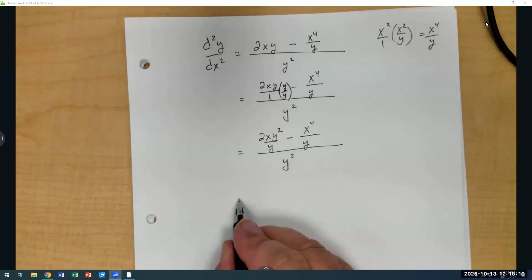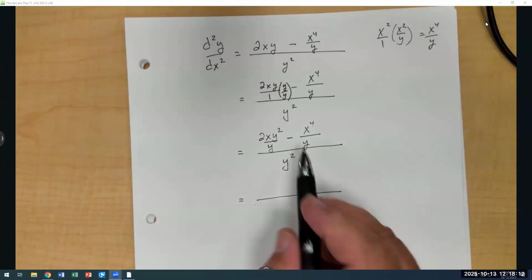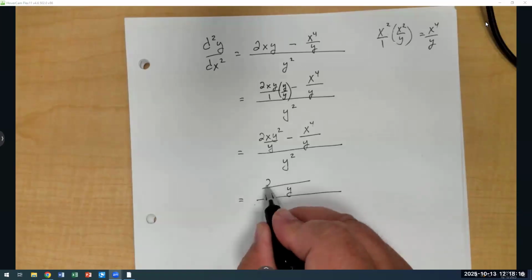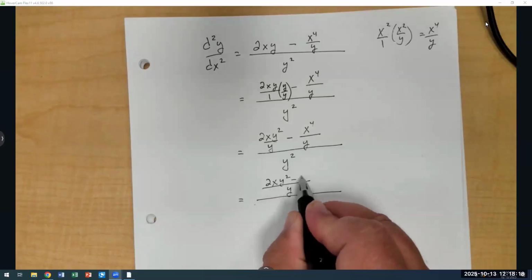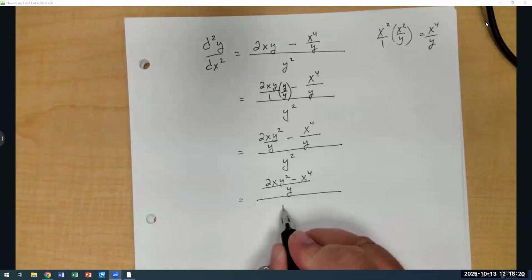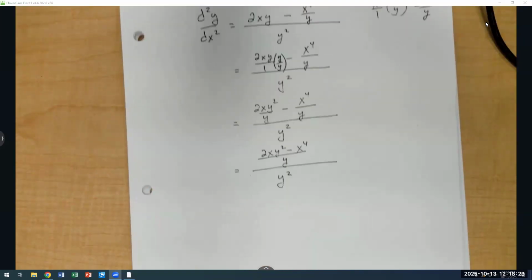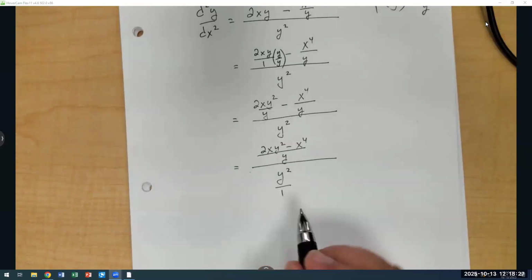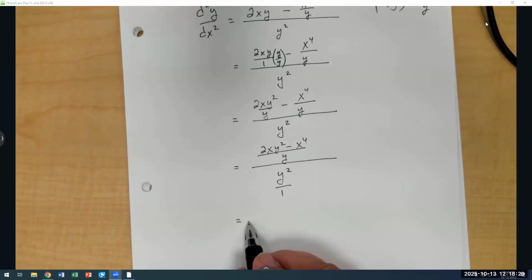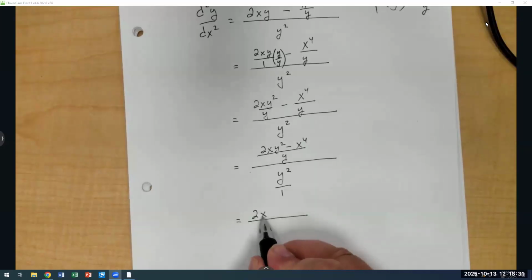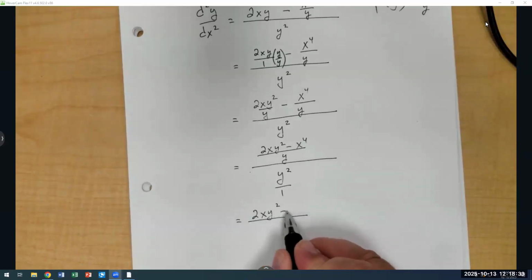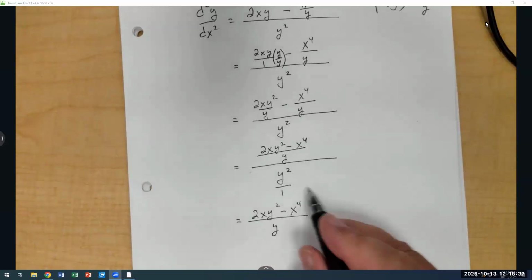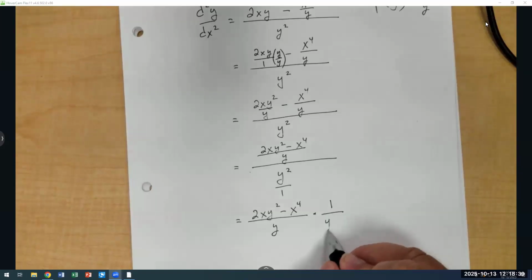Again, it's all algebra from here on out. You have a common denominator, which is y, on top. So we have 2xy squared minus x to the fourth over y, all over y squared. It's a fraction over a fraction. So take the top fraction, multiply it by the flip of the bottom.